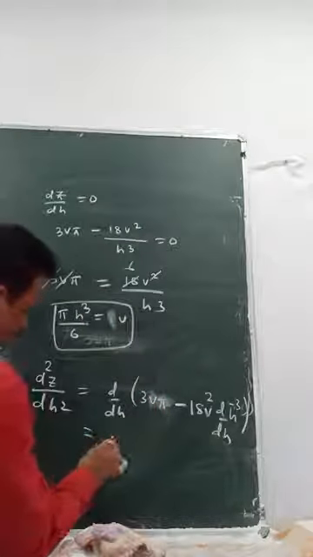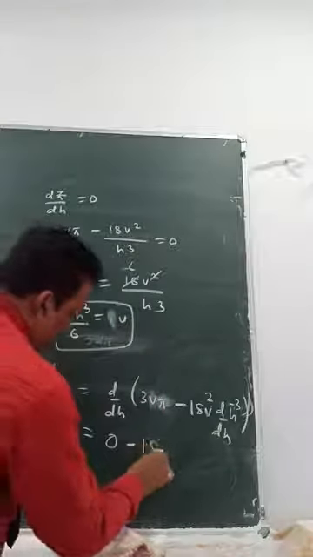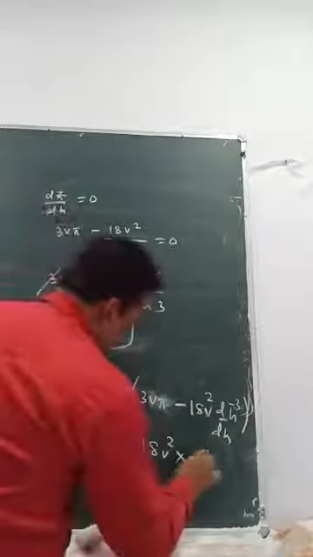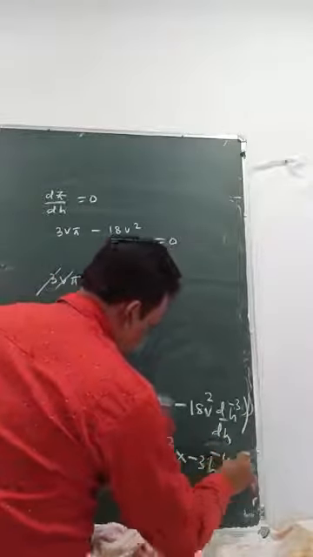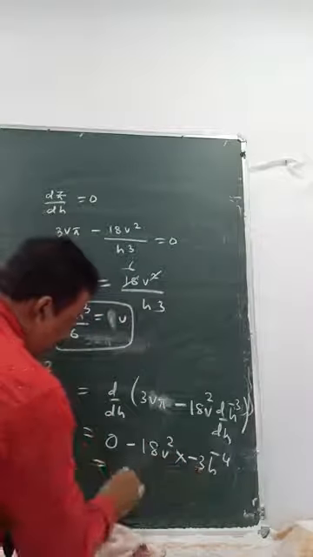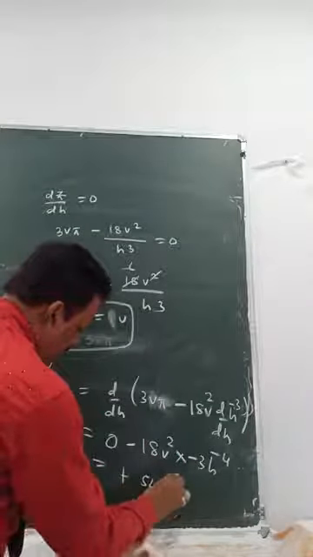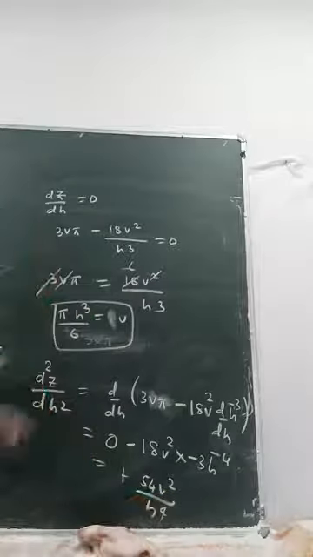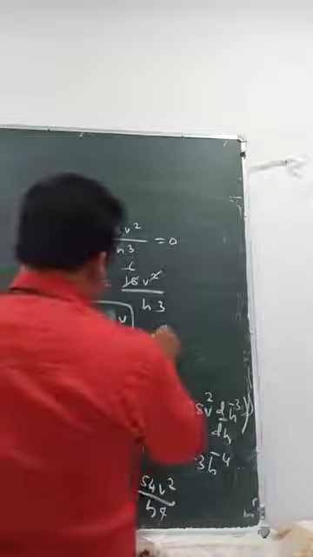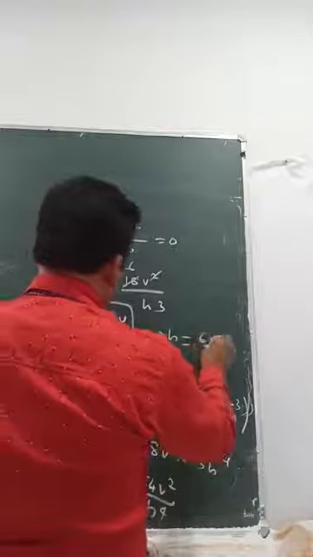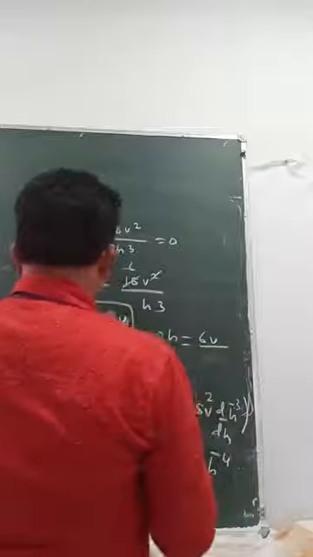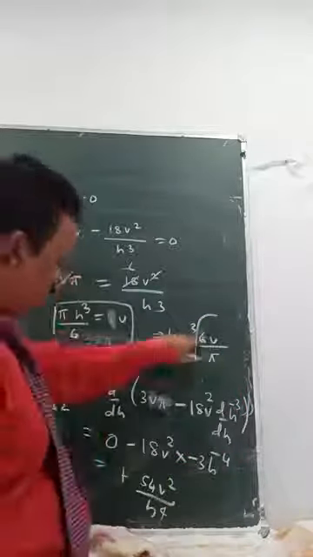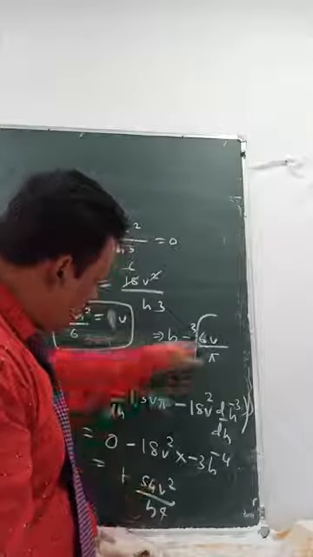This is 0 minus 18v square into minus 3 into h to the power minus 4. So minus minus plus, 54v square by h to the power 4. So if I find h from here, how much do I get? 6v by pi cube root is a constant.